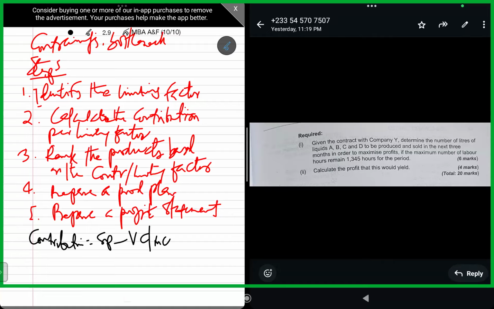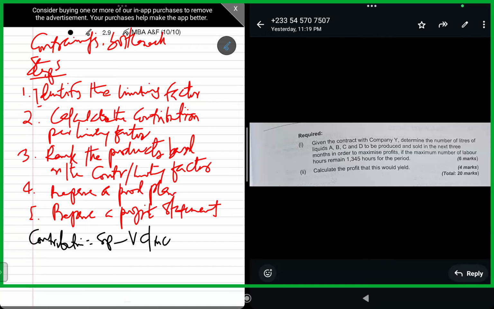Okay, I've seen it. Given the contract with company Y, determine the number of liters of liquids A, B, C, and D to be produced and sold in the next 3 months in order to maximize profit, if the maximum number of labor hours remain 1,345 hours for the period. 2. Calculate the profit that this would yield.